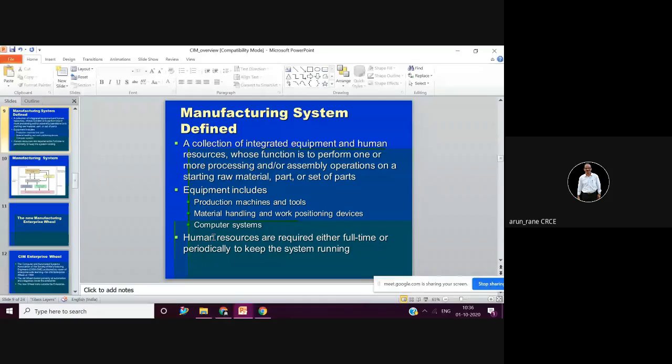Maybe you will have to do some modifications, some raising, lowering, some addition, some removal. But it should not take more than a day. So within a day, you are capable of manufacturing four-wheelers or two-wheelers. That is what is called the reconfigurable manufacturing system.